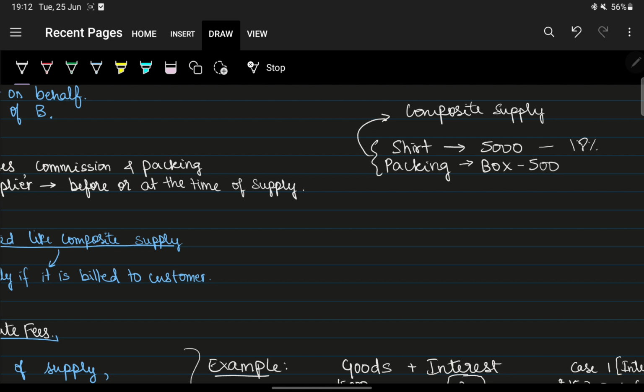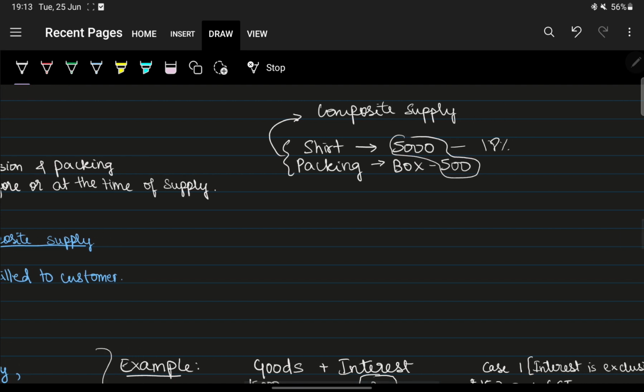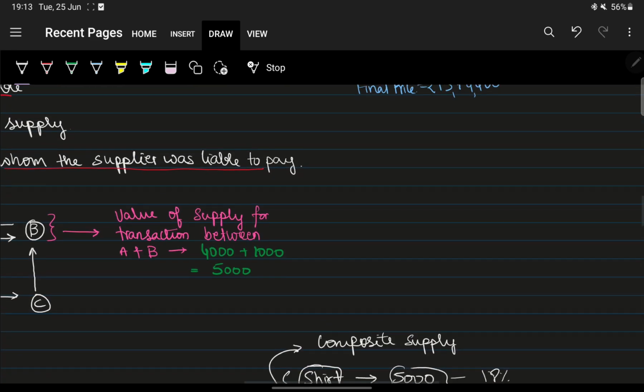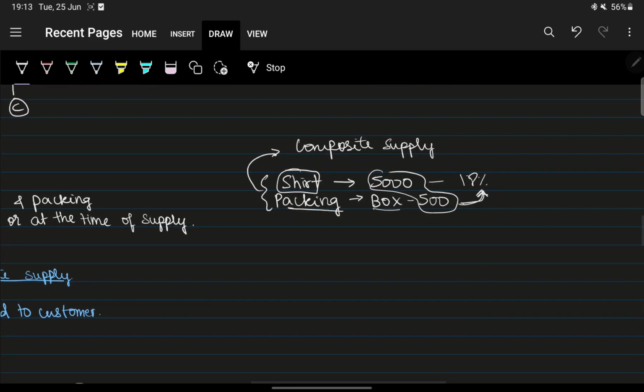This 500 rupees will be clubbed together. If they're naturally bundled, you have to add the cost of the ancillary product also, which is the packing charges or the packing box. And then you will have to charge the rate of the principal supply. Here the principal supply is the shirt, the dominant one. Packing is not the dominant supply. The dominant supply is the shirt. So we will take the GST charged by the principal or the dominant supply. Okay, next.